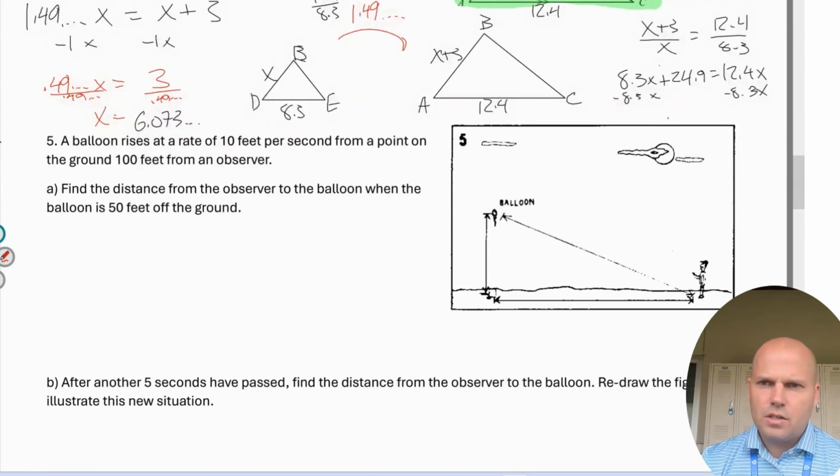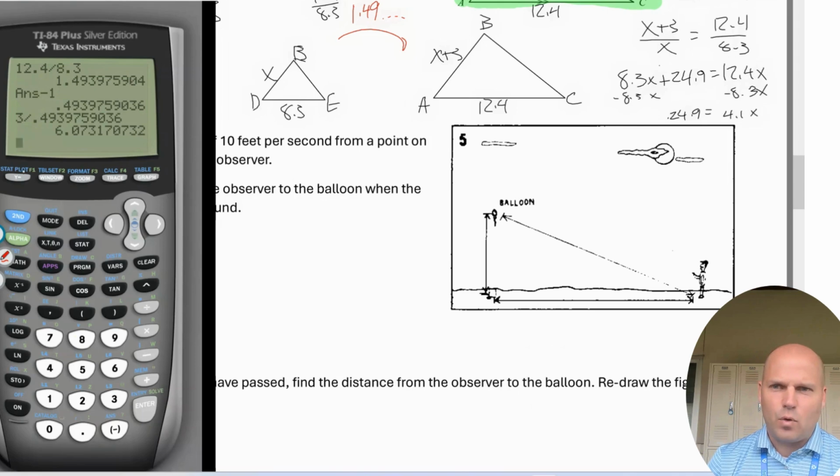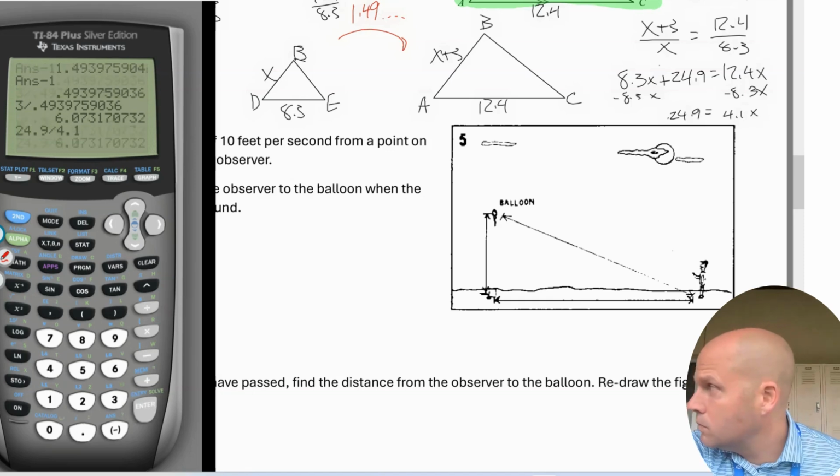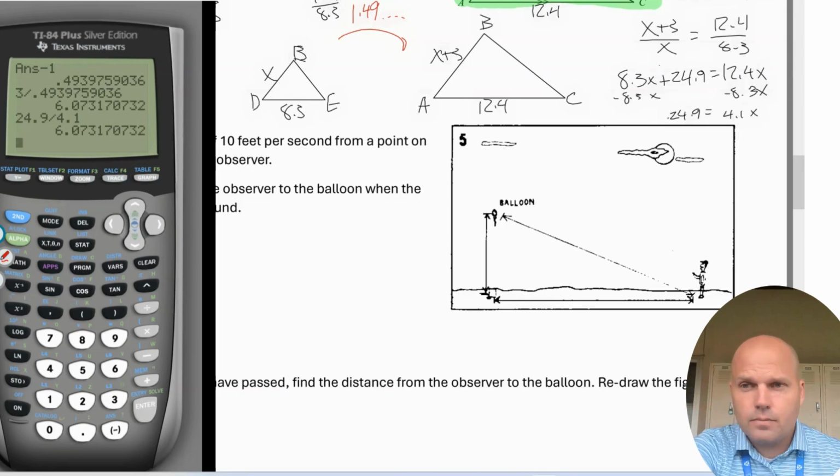And you get 24.9 equals 4.1 X's. If I take 24.9 and divide it by 4.1, I'll get the answer. And that is actually very much a calculator ready form. It's great also.